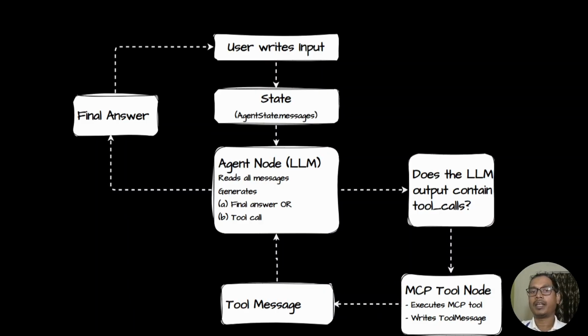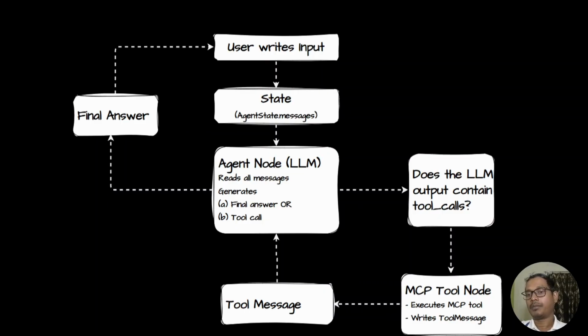When any message comes from the input layer, it will think by using the LLM. It will decide whether it needs to do a tool call or give a plain answer to the user. If the LLM decides this request requires a tool call, then it will send the request to the MCP tool.